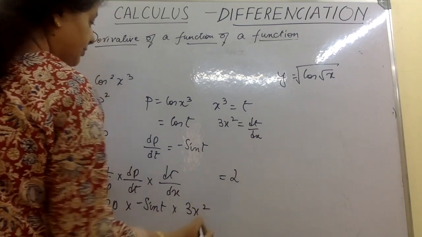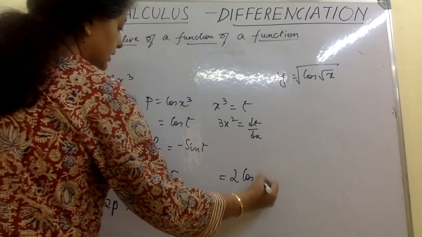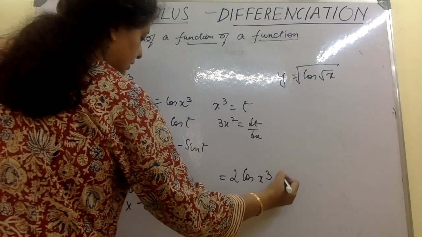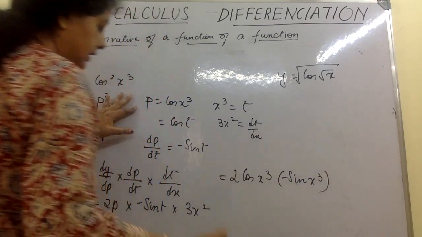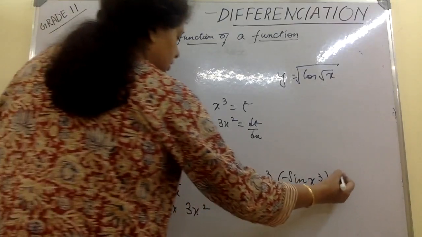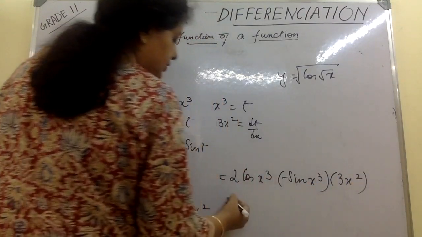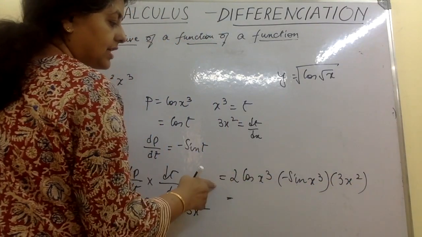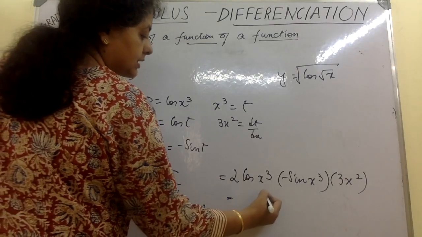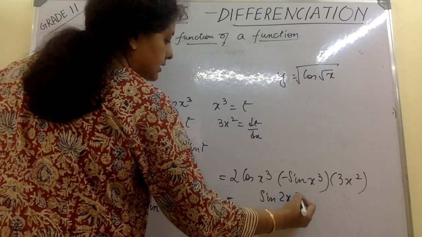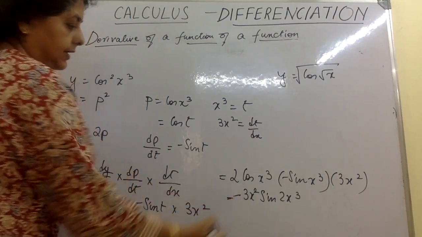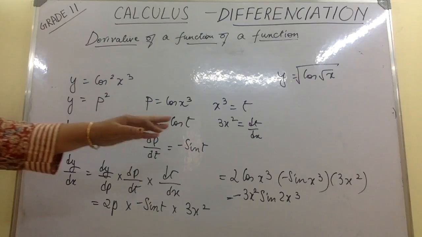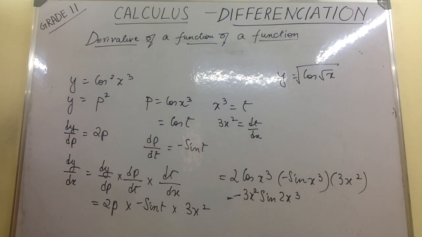So 2p is cos x cube and minus sin t is x cube and into 3x square. So if you see only this much, take the minus sign in front. So it becomes sin 2x cube and a 3x square over here with a minus sign. Okay, because I used 2 sin x cos x formula.